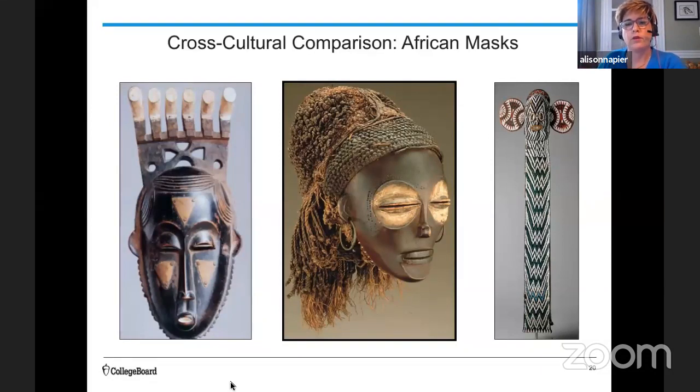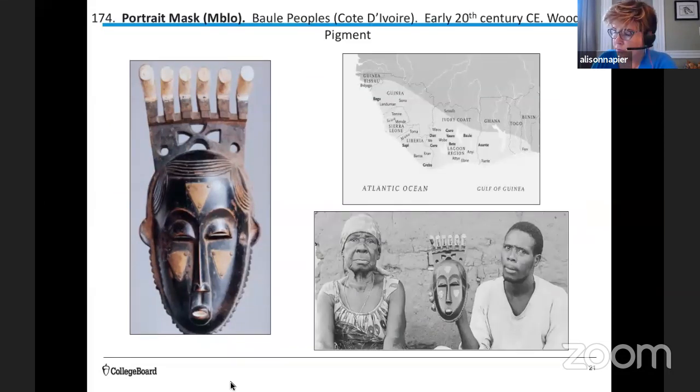They're part of a group, they're individual in their own right, but they also form a larger overall population of masks. So we'll start with the Imblo mask, this one by the Baule peoples in the Côte d'Ivoire in West Africa. And this is a portrait mask of Moya Yanso, carved by Oye Kimu, please forgive my pronunciations, who is an artist in the town of Kami in the Côte d'Ivoire.